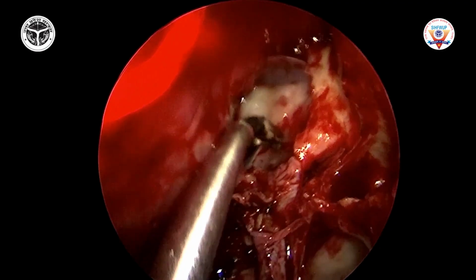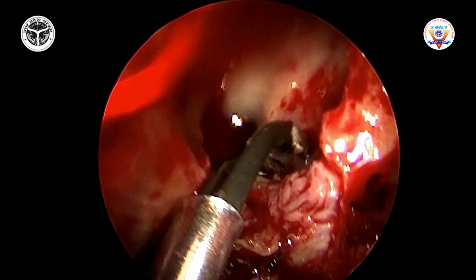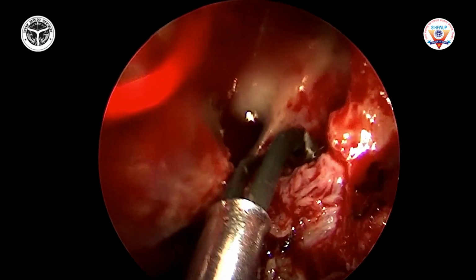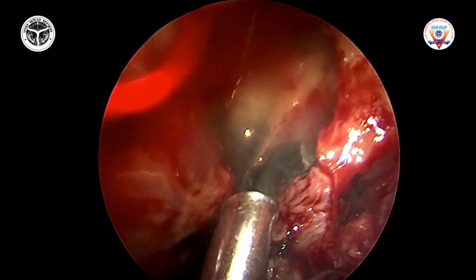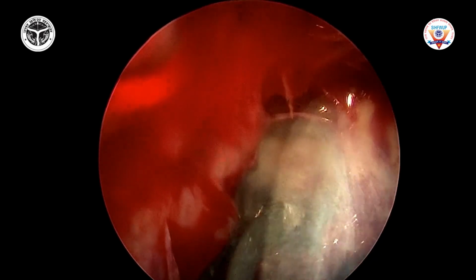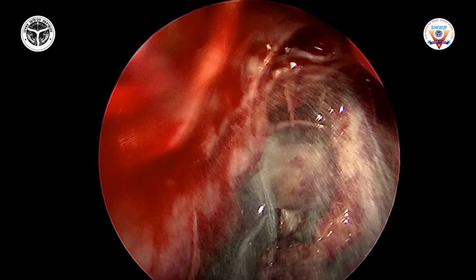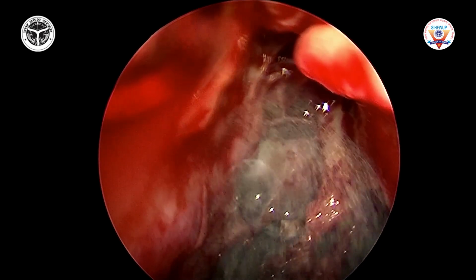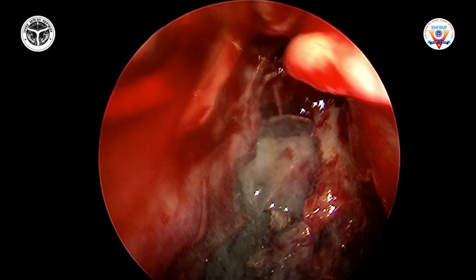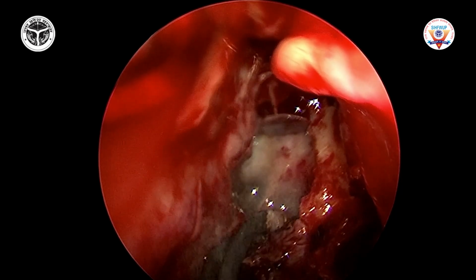So this we are seeing with the angled endoscope. If we remove this, we can also see it with a 0-degree endoscope. This is the encephalocele here. You can see this is the big encephalocele here.